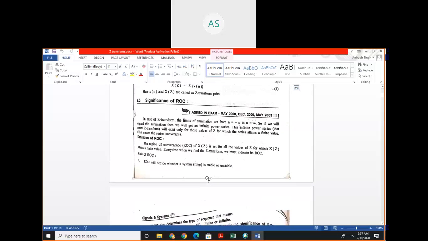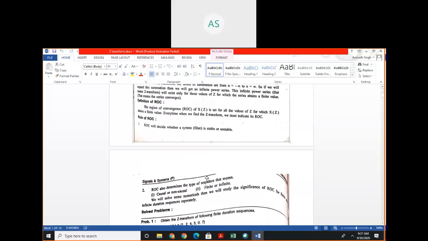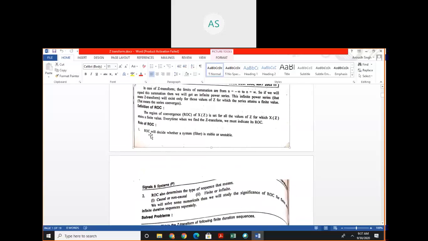Now, the significance of ROC. In the case of the Z transform, the ROC, the region of convergence of X of z, is the set of all the values of z for which X of z attains a finite value.